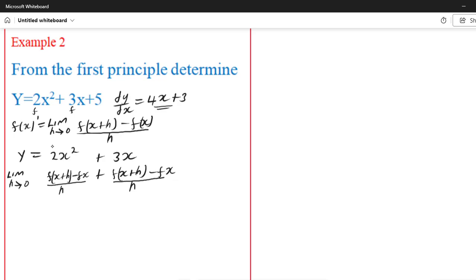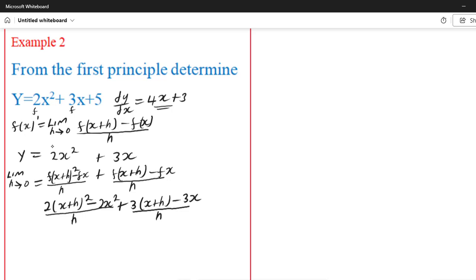So we fit our data on the equation, and therefore we will have 2 times (x plus h) squared. Remember, this is squared because x is squared, minus 2x squared, everything divided by h. Then we add 3 times (x plus h) minus 3x, everything divided by h.